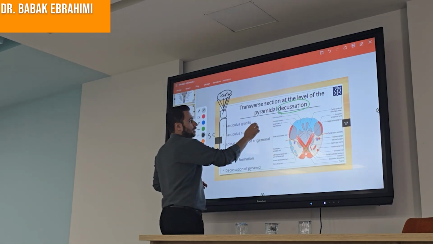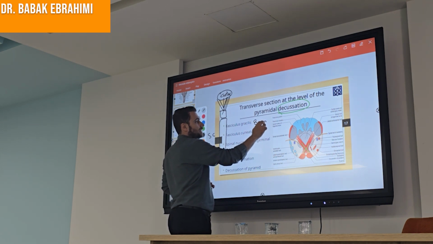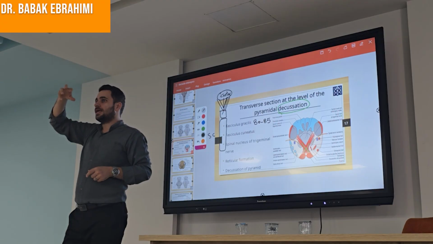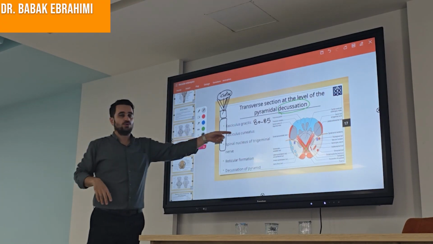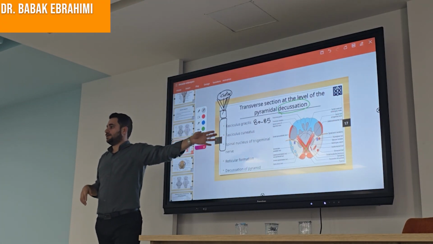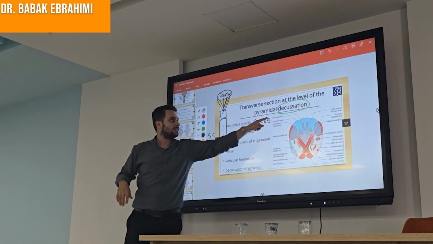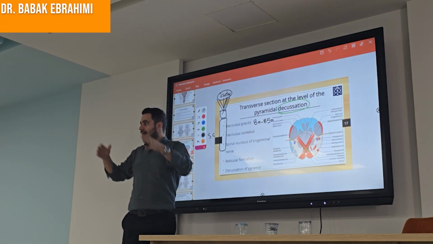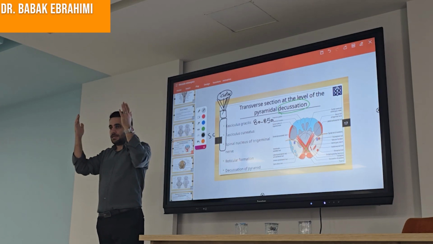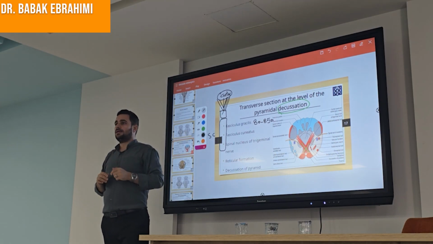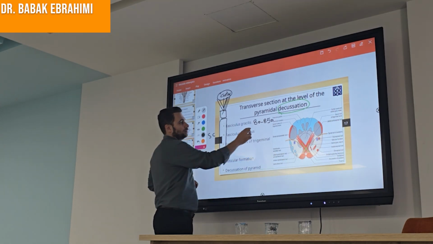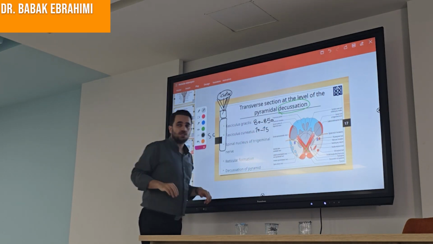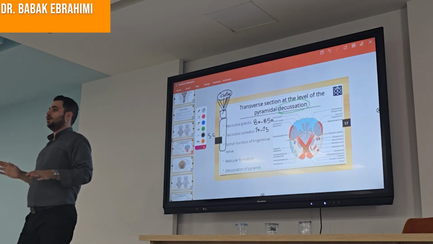80 to 85% of the tract has a cross at the medulla oblongata, at the pyramid level. And also 10 to 15% doesn't cross in the medulla oblongata.